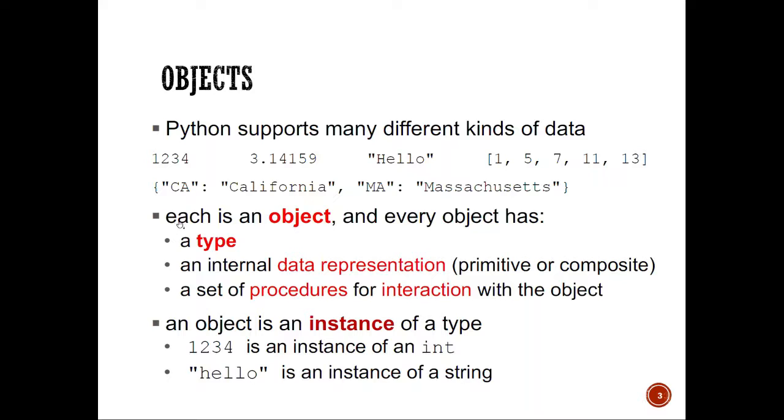Each of these is an object, and every object has a type, an internal data representation, whether it's primitive or composite, and a set of procedures to interact with this object. So an object is basically an instance of a type. As an example, the number 1234 is an instance of the type int. The string hello is an instance of the type string.